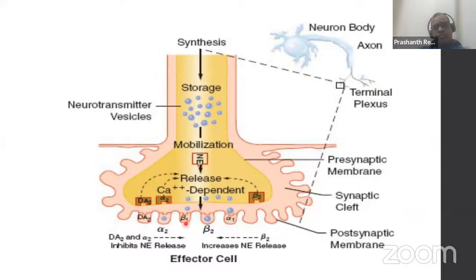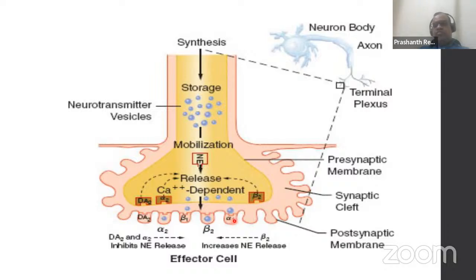The most important would be the alpha 1, beta 1, beta 2, and the dopaminergic receptors. Alpha 2 receptors are presynaptic receptors, and these sympathomimetics do not have much action on them. The agents we are going to discuss today mainly have their effect on alpha 1, beta 1, and beta 2 receptors.